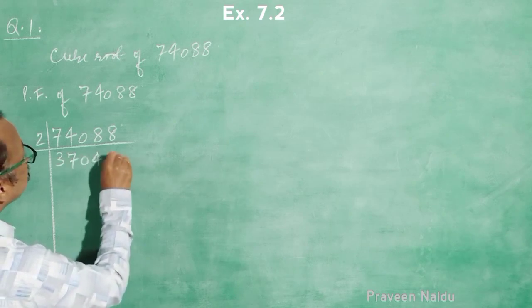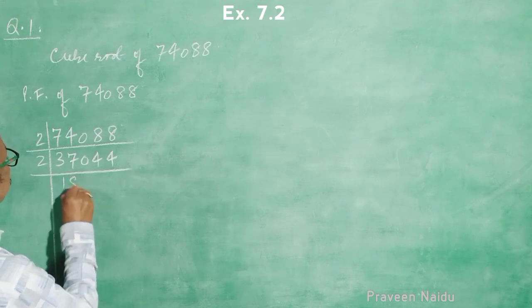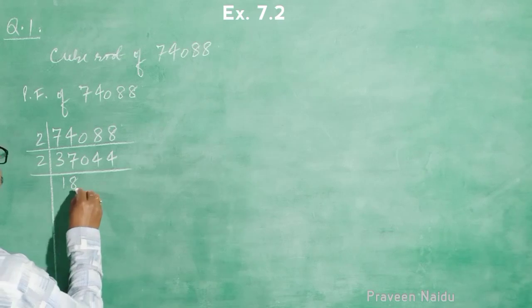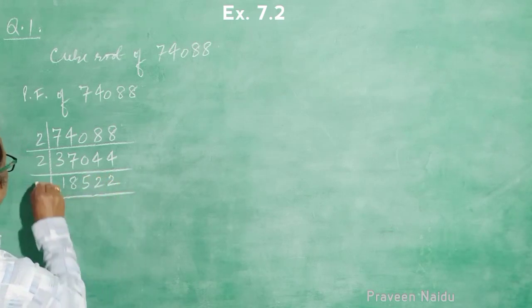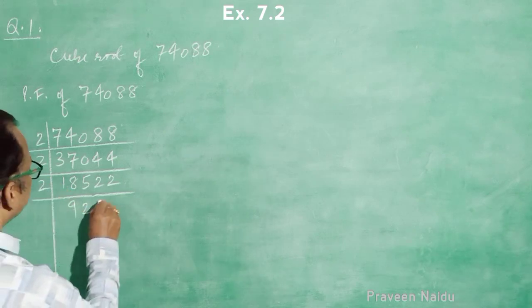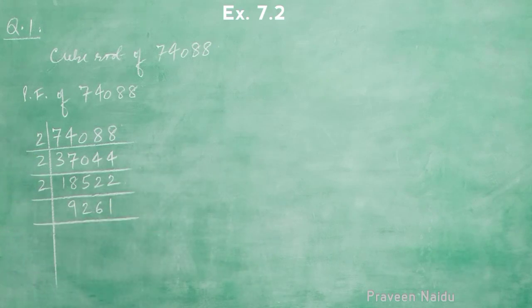After prime factorization, we convert the factors into cubes. That means all the factors that occur in a set of 3 multiples.